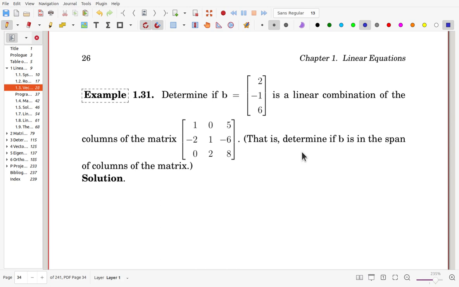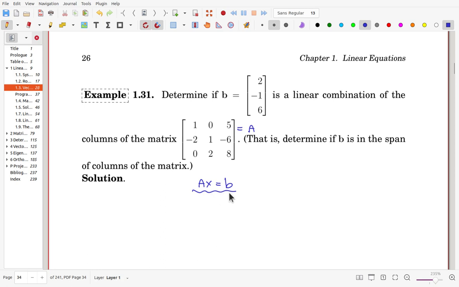Once b is a linear combination of the columns of the matrix, and we call the matrix A, then Ax = b has a solution, so we have weights such that a linear combination of the columns gives b.